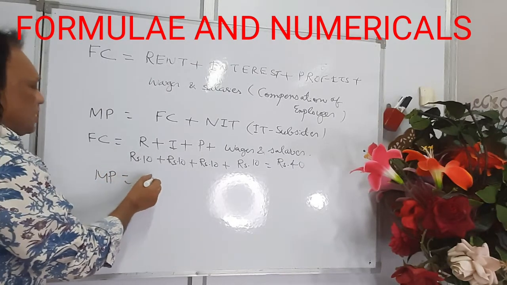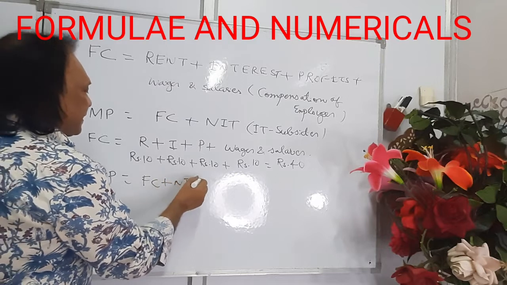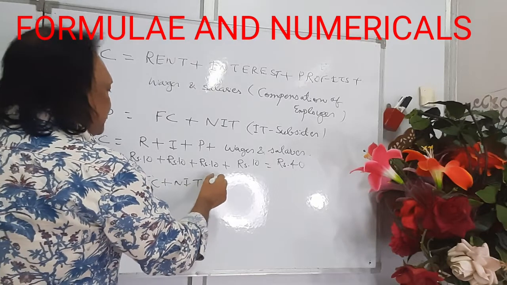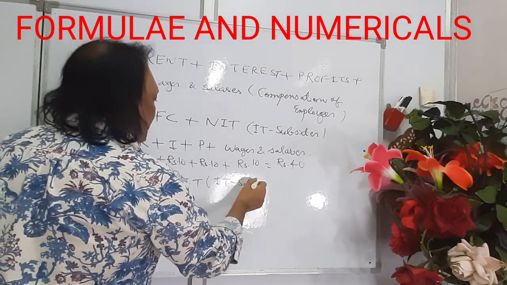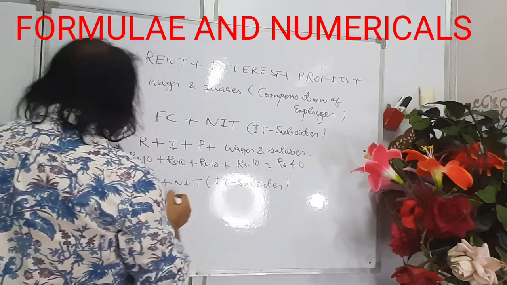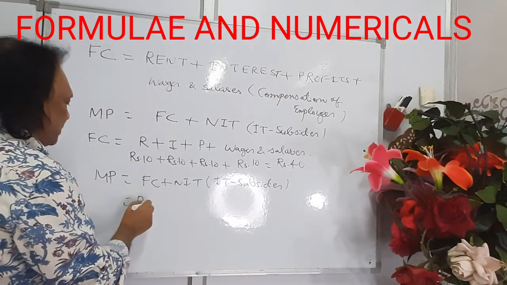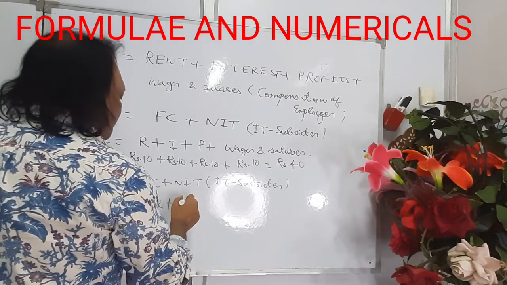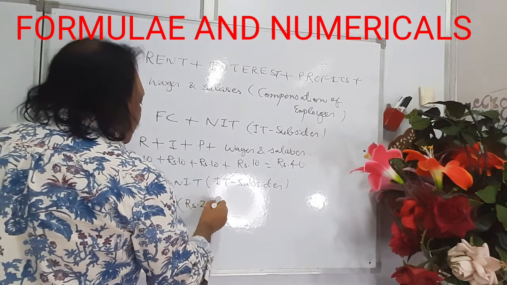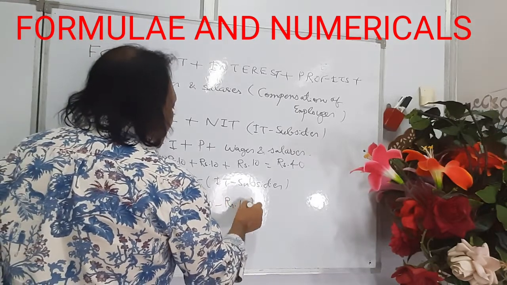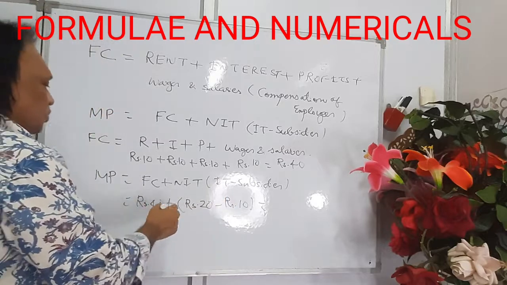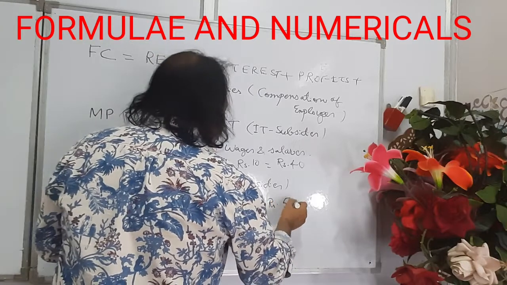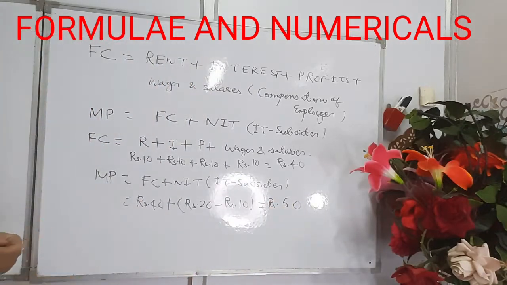Market price is equal to factor cost plus NIT, net indirect taxes. NIT is indirect taxes minus subsidies. Suppose the government has given you 20 rupees as indirect taxes and rupees 10 as subsidies. So obviously NIT will become 10. So the market price of the commodity will be rupees 40 plus 10, 50 rupees. That is the market price.